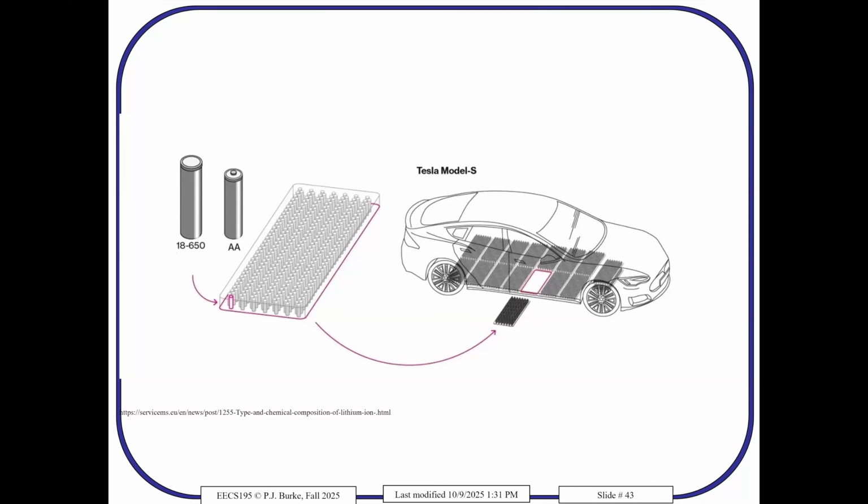So Tesla said, we're not going to reinvent the wheel. We're going to use the existing 18650s and just put them in series and parallel. Tesla now has converted to 21700 lately, I think around 2023.